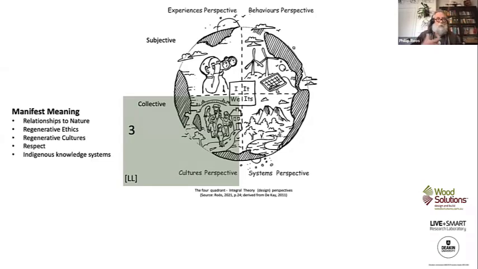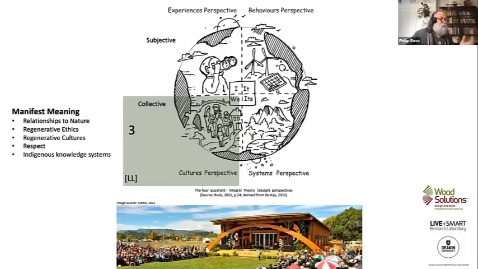And this is where in integral design thinking, or in the worldview, we refer to manifest meaning. This is where the manifest meaning of the things we do results in things. That brings us to the context of relationships to nature as the regenerative ethics that comes up.